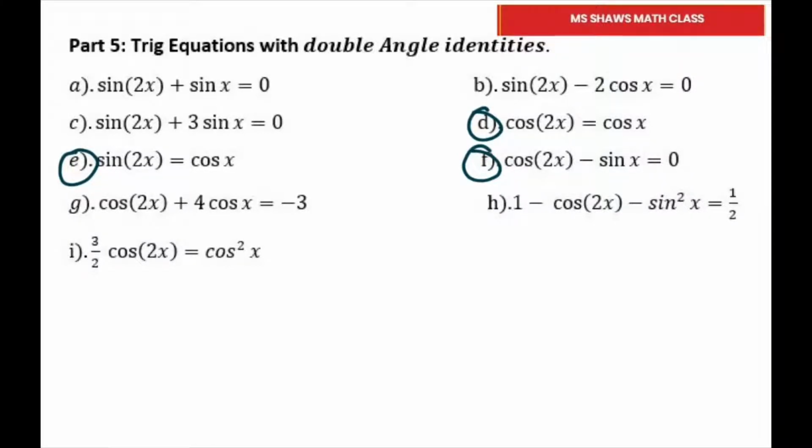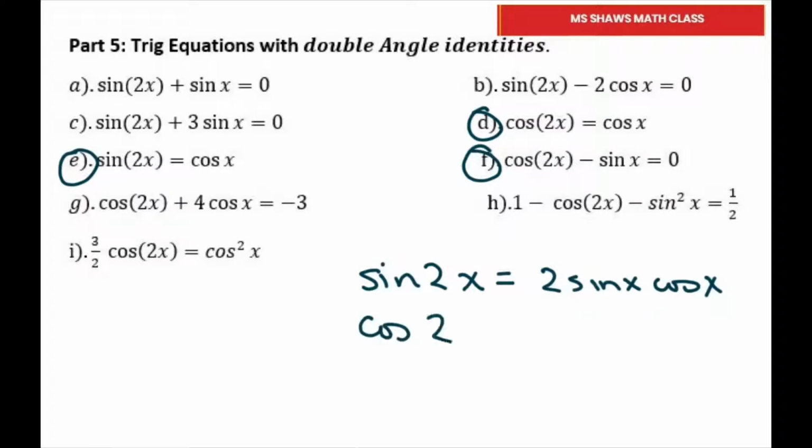Everyone, we're going to solve trig equations that have double angle identities. Basically you need to know your double angle identities, and the ones we're going to use are sine of 2x equals 2 sine of x times cosine of x, and cosine of 2x.